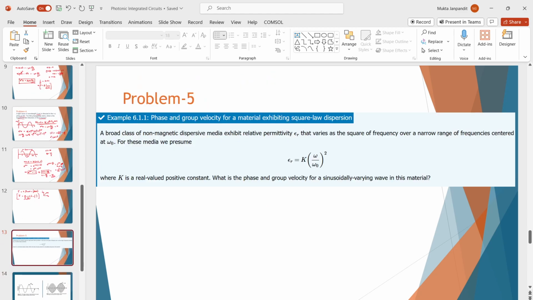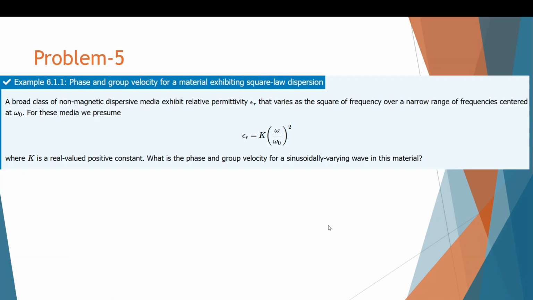Okay, so let's move to the next question: phase and group velocity for a material exhibiting dispersion. They have given us the relative permittivity of the material. A broad class of non-magnetic dispersive media exhibit a relative permittivity that varies as the square of frequency over a narrow range of frequencies, and for this media we presume this.